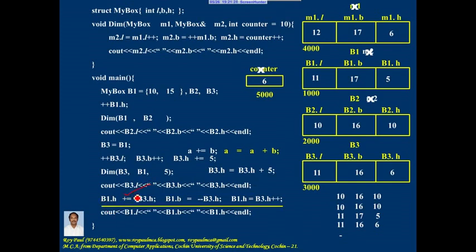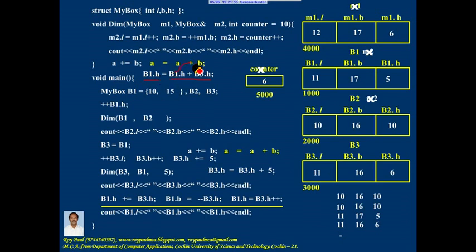The first statement, plus equal to is a short form. How do you expand that? Like this, a plus equal to b means a is equal to a plus b. So b1.h plus equal to b3.h can be expanded as b1.h equals b1.h plus b3.h. Now assignment operator means the right hand side should be assigned to the left hand side.